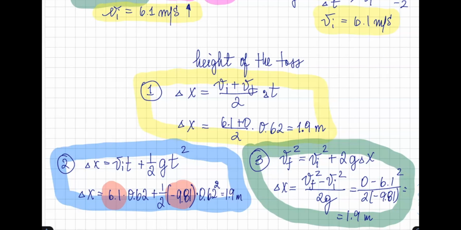Final is 0. 6.1, we had figured out before. You square it and you divide by 2. And remember, again, negative 9.81. That's how you end up with a positive displacement, because the displacement was technically going up, and therefore it was a positive 1.9 meters. So that is your lab, and that is also one of the examples on the test.